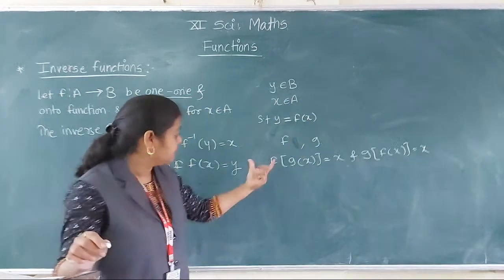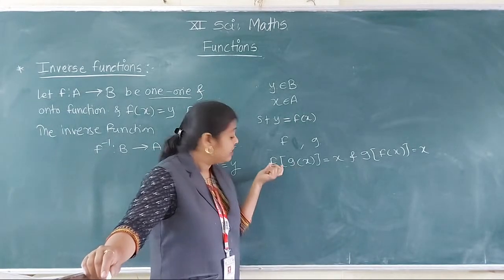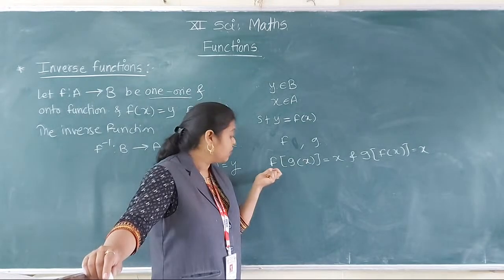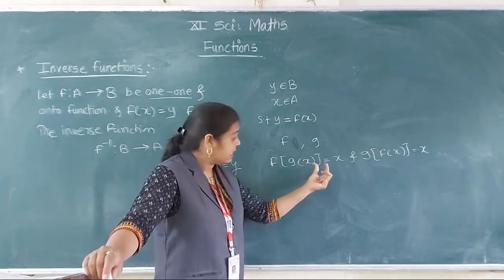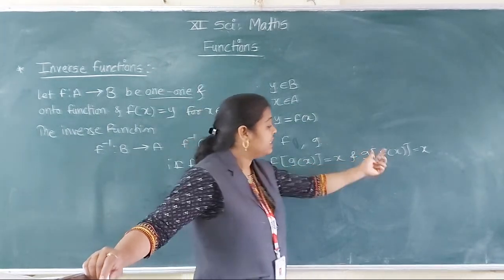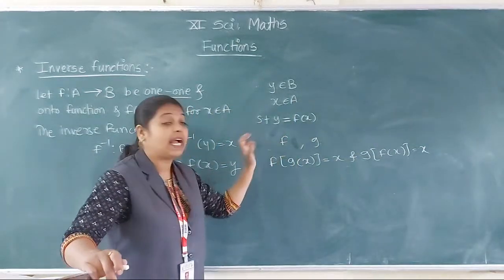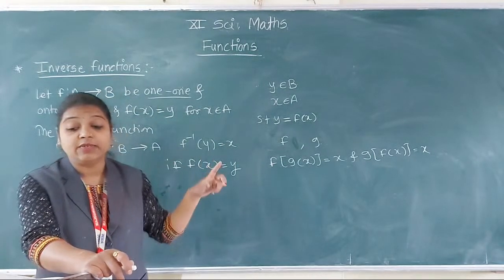असं जर आलं म्हणजे कंपोजिट फंक्शन. f of g of x म्हणजे कंपोजिट फंक्शन आहे, फंक्शन ऑफ फंक्शन. त्याची व्हॅल्यू जर x आली आणि g of f of x ची व्हॅल्यू जर x आली, then we say that f and g are the inverse of each other.